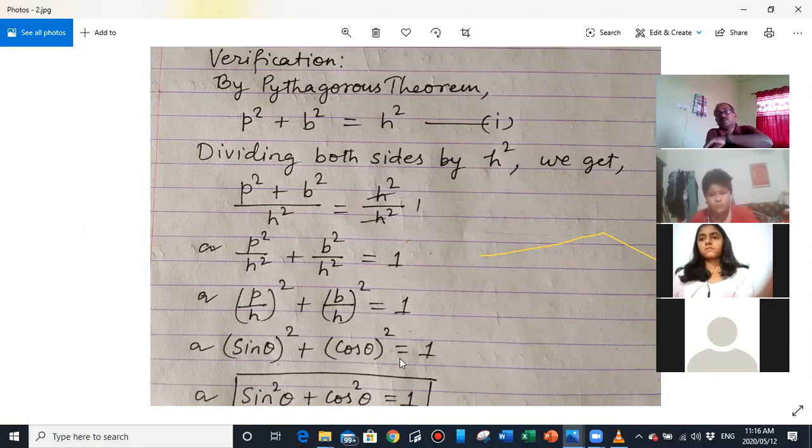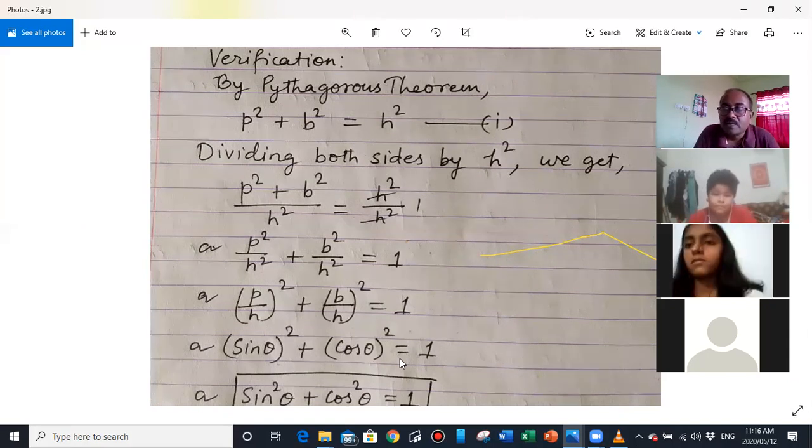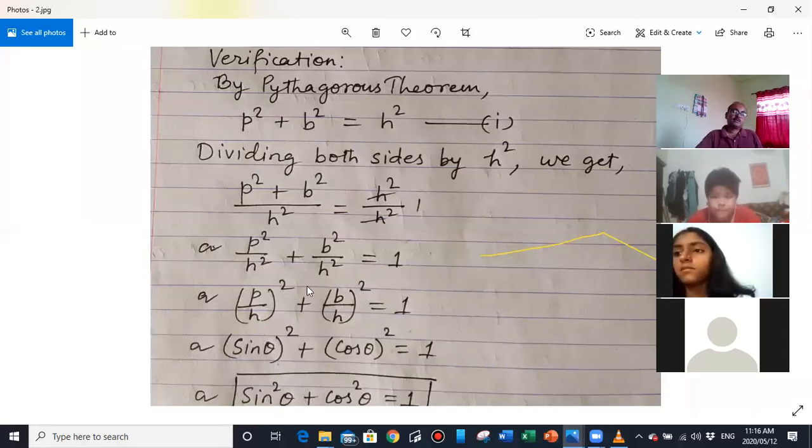If you forget, see yesterday's class. It was given yesterday: p by h, perpendicular by hypotenuse, means sin theta; base by hypotenuse, cos theta. See, p by h whole square plus b by h whole square equals what?